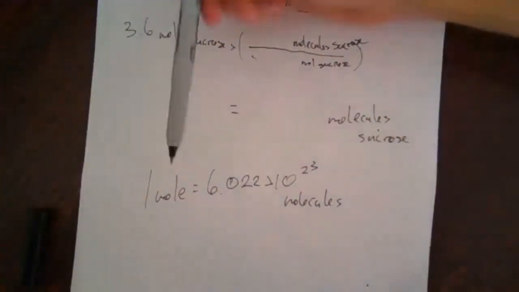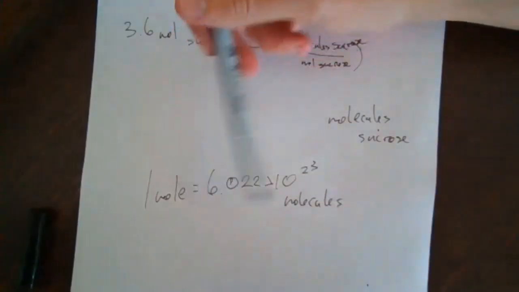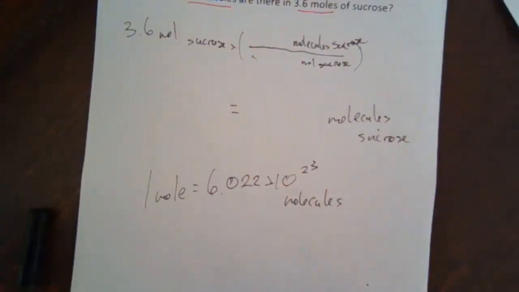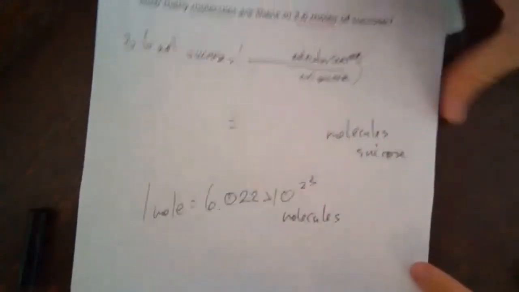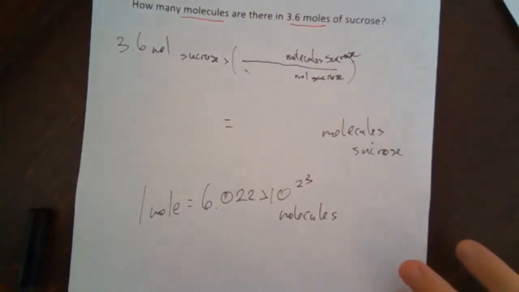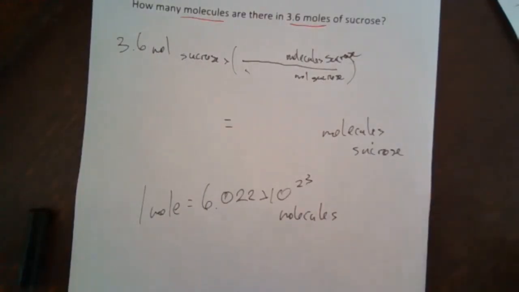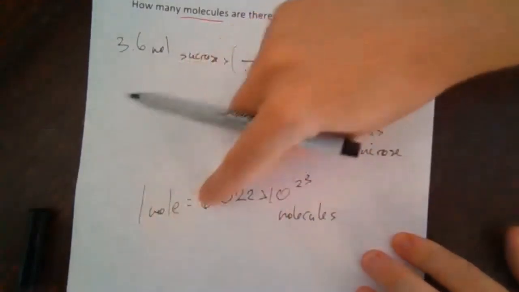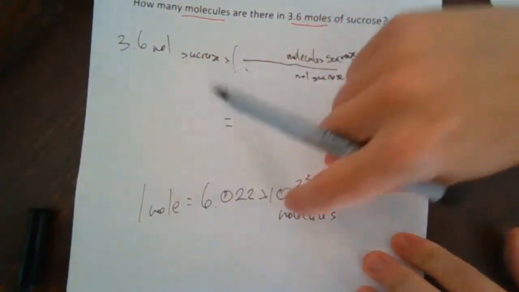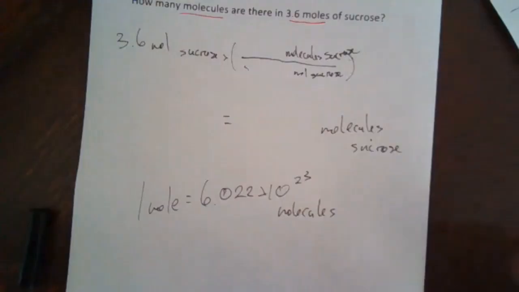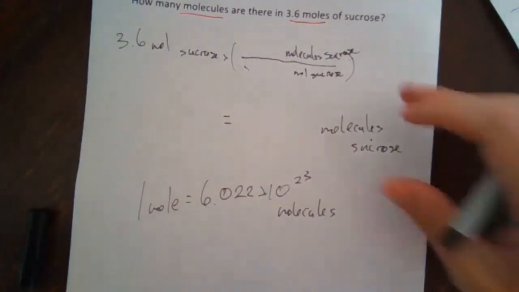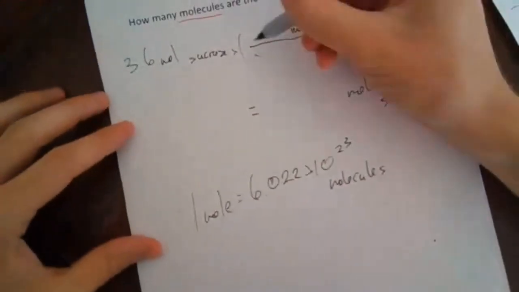One thing you'll note is that mole and molecules, we haven't specified sucrose. It does not matter that I'm looking at sucrose, just like it doesn't matter what you're counting. A dozen is 12 of it. Donuts, cars, planets, gnomes, whatever it is, they're always going to be 12. So 1 mole is always 6.022 times 10 to the 23rd molecules. That is Avogadro's number.